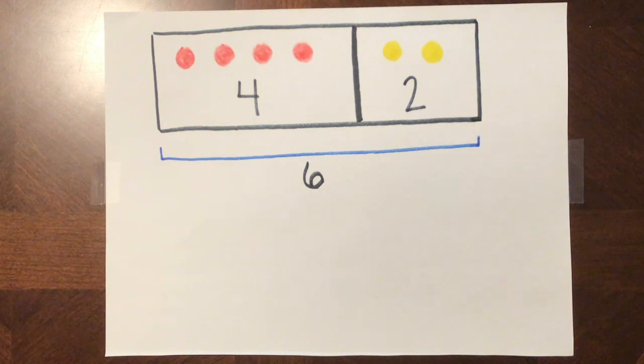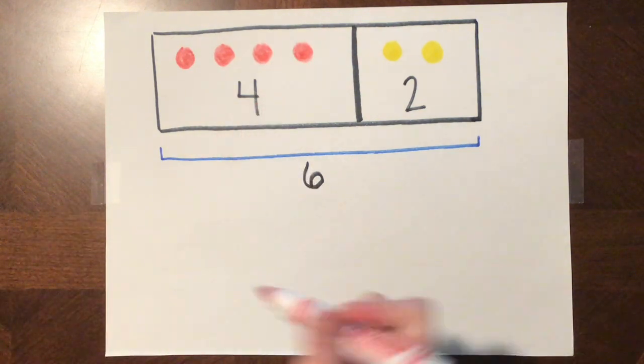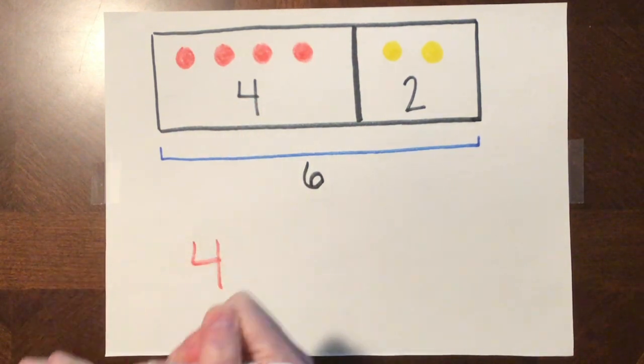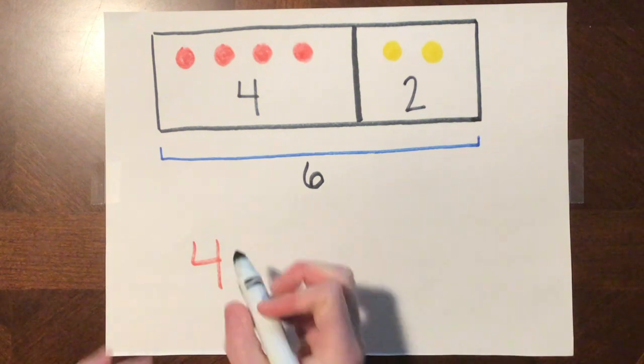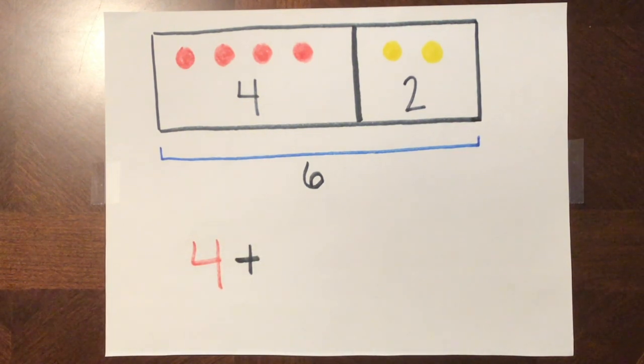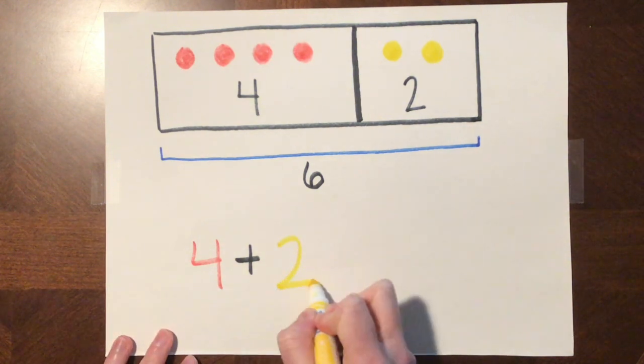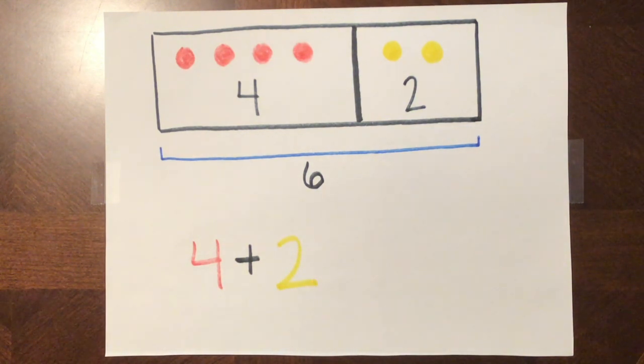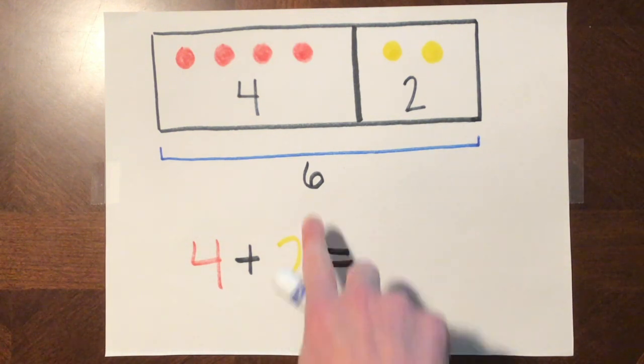We can also use this bar model to write an addition number sentence. 4 plus 2 equals 6.